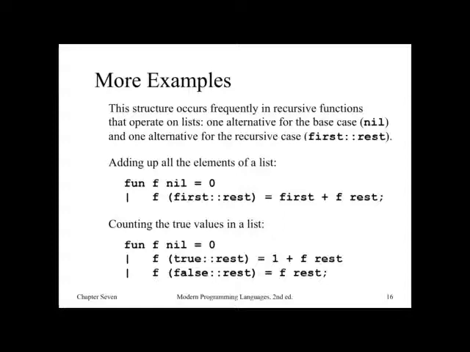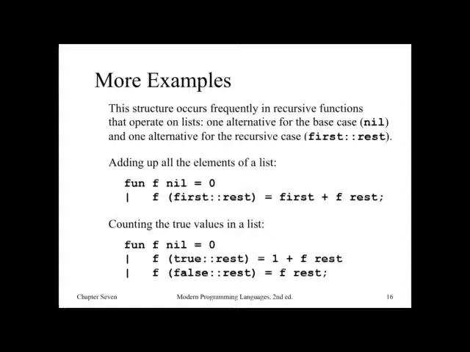In the meantime, I've got this pattern, which is true appended to the rest and false appended to the rest, okay? And so in the case of true, where true is the first, in other words, I'm creating a pattern where there's a list, and I've got rest, which is also a list, and I've got true, which is a Boolean value. So if the first one's true, I'm going to do this first one, and if the first one's false, I'll do the second one.